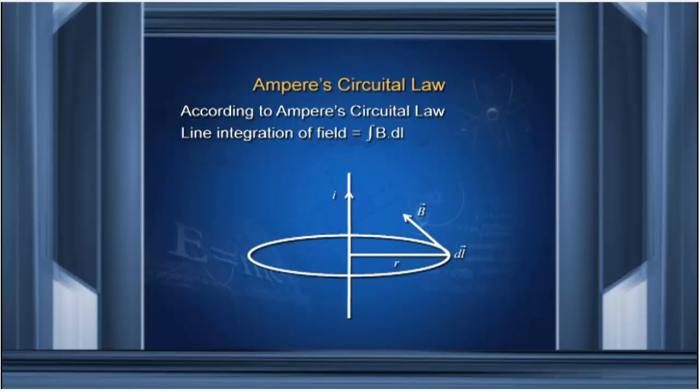Line integration of magnetic field B dot dl around the conductor will be equal to integration B dot dl. As B is constant over the loop, integration B dot dl equals B integration dl. We know the integration of dl over the whole loop is equal to 2 pi r.